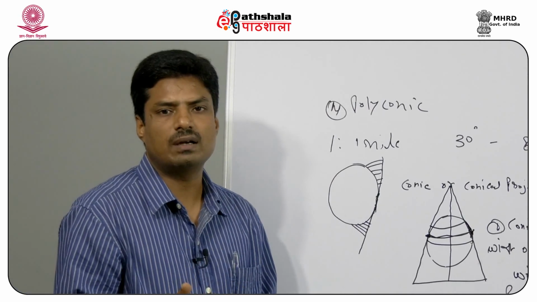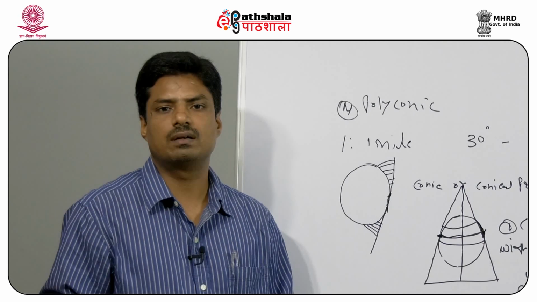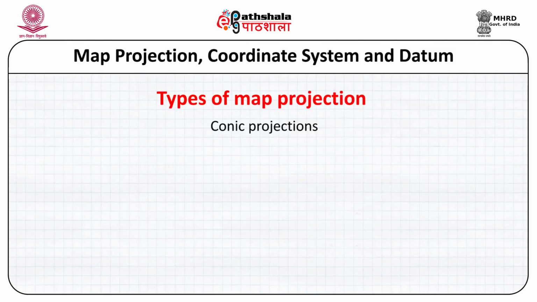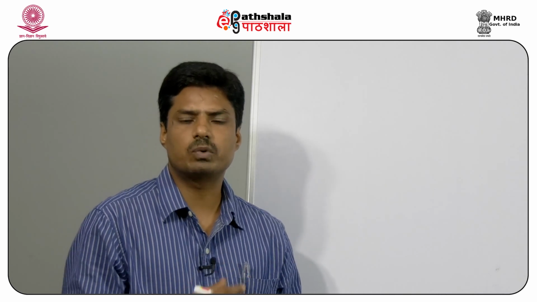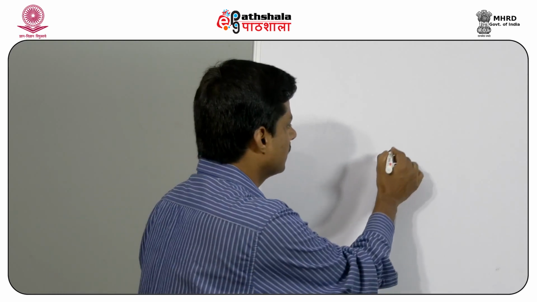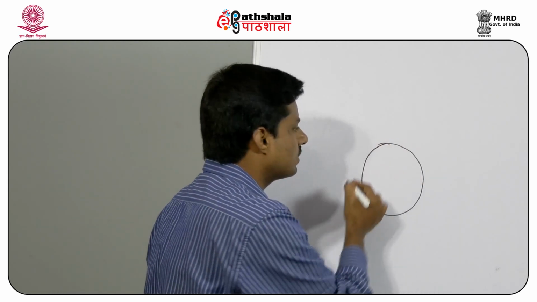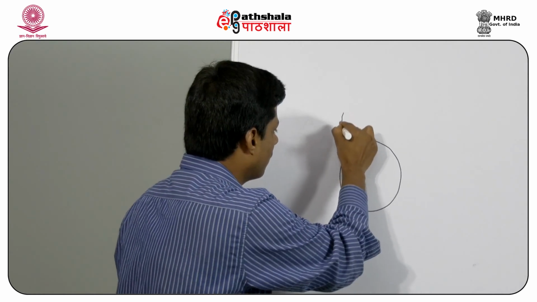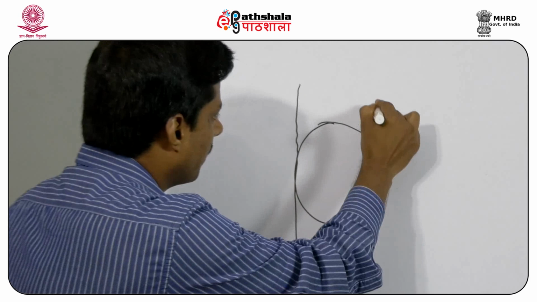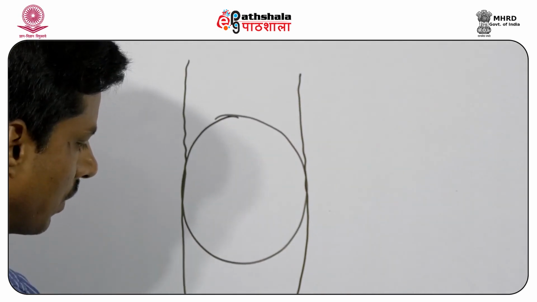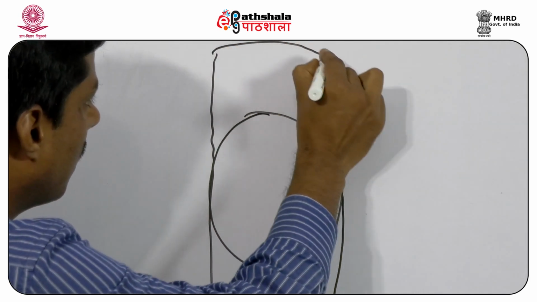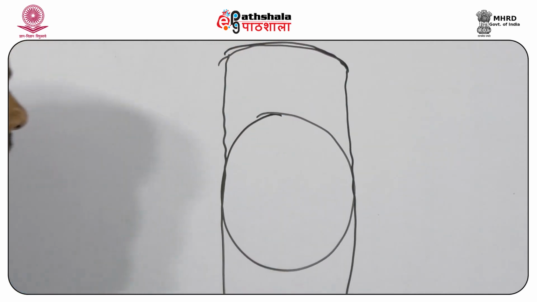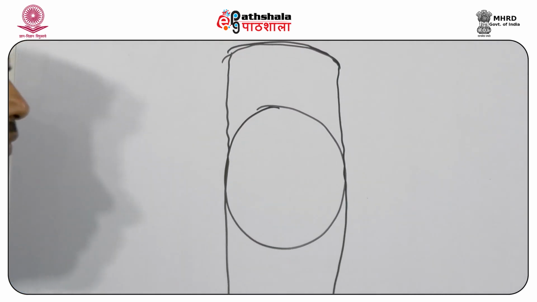The next important projection in this category is cylindrical projection. Dear friends, I will explain cylindrical projection with the help of a diagram. Look at the diagram. Dear students, suppose this is the globe, and we will place a cylinder over this globe.